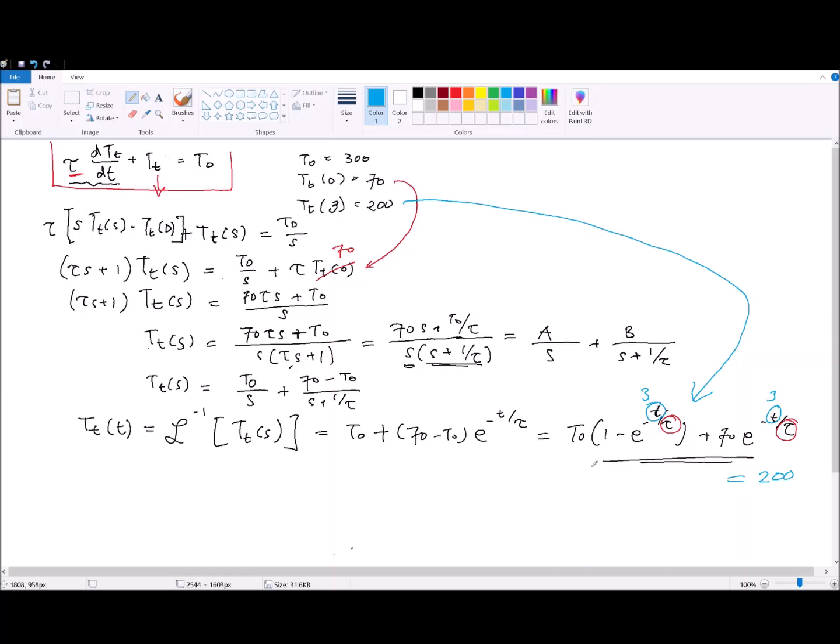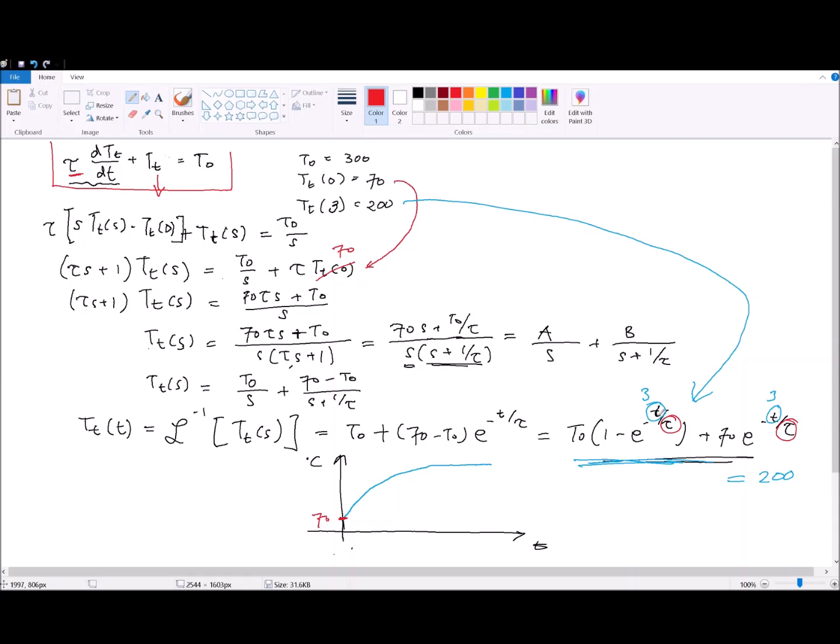If you look at this function, the plot of this function will be something like this. This is the temperature, this is the time. It will be exponentially increasing, where the initial value is 70.